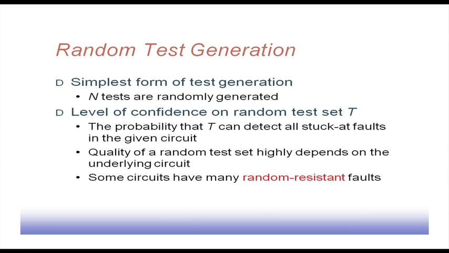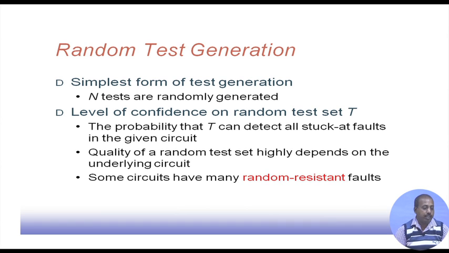If we are trying to see the level of confidence on a random test set T, it is the probability that T can detect all stuck at faults in the given circuit. This is the measure of confidence, and the quality of a random test set highly depends on the underlying circuit. Some circuits have faults which are mostly covered by random patterns, so they are easy to detect.